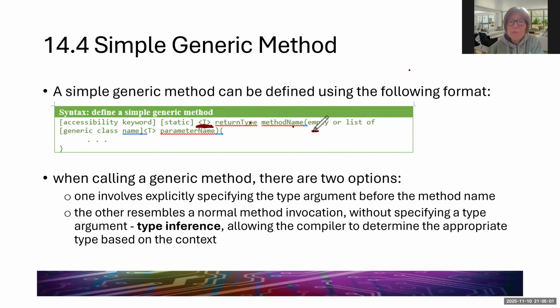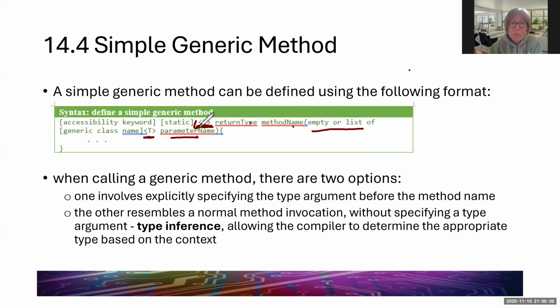And then the parameter list can be empty or a list of some other parameters also allowed, as well as the generic type for the parameter. So you can also use the type argument as the parameter type. So that's the syntax for the definition of a generic method.